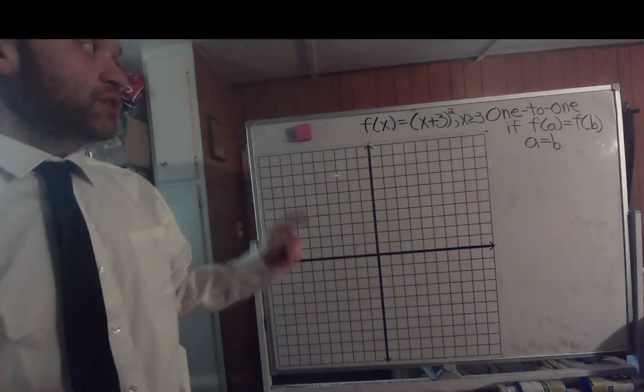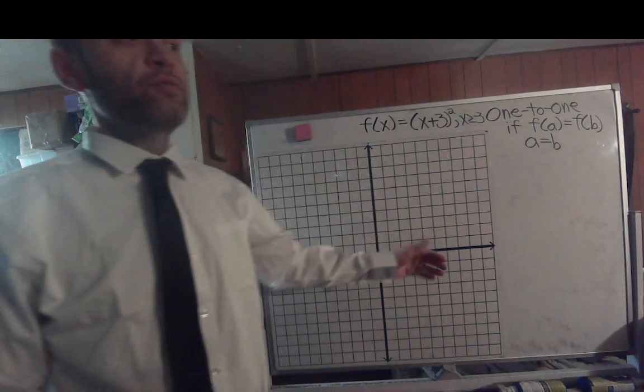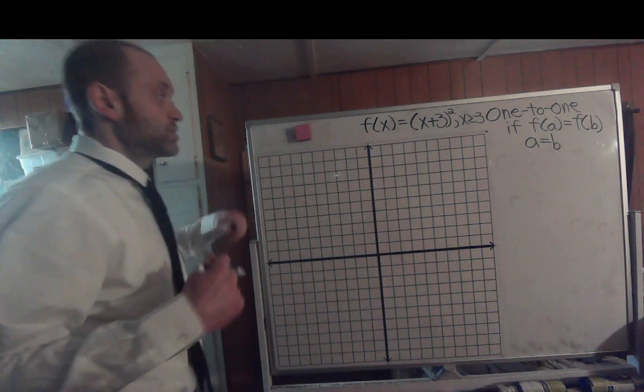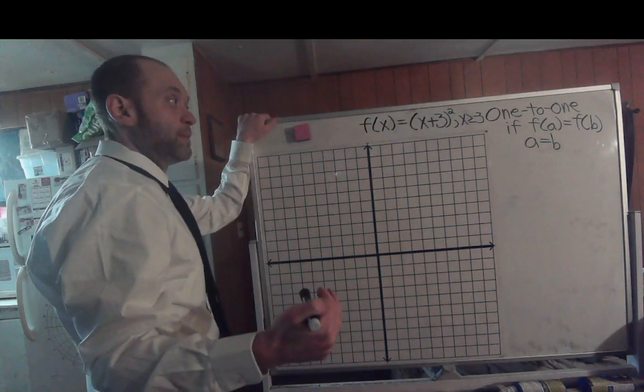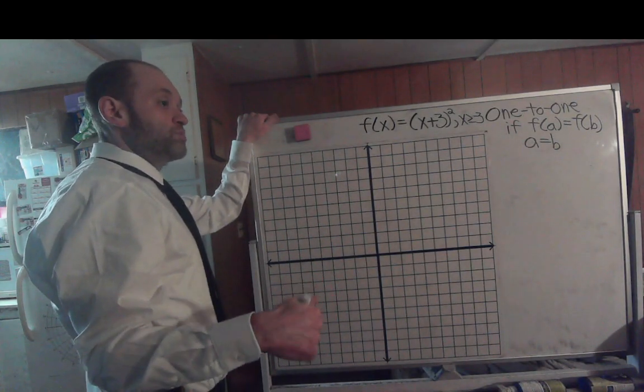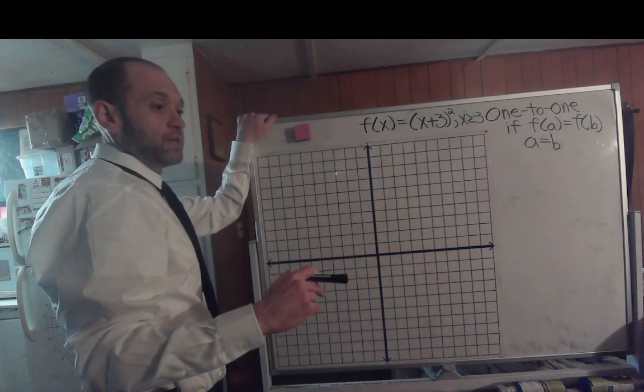However, you can restrict the domain in such a way that you can have a one-to-one function for a piece of this. So let's show you how this works. So x would have to be greater than or equal to negative 3, which means it's going to be everything to the right of negative 3. So it's going to be the right branch of the parabola.